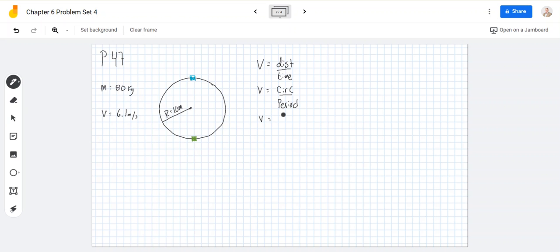So speed is equal to 2 pi r over T, where capital T is the period. So if I want to solve for that, I'm going to do 2 pi r over v. The radius is 10, and the speed is 6.1.